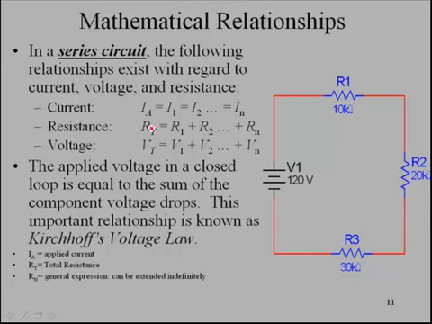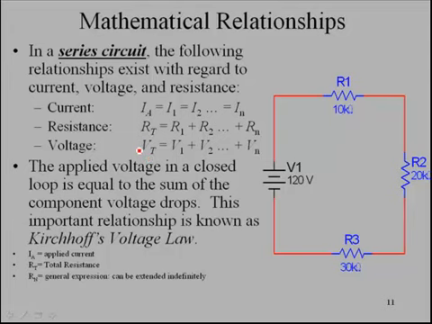Okay, resistance. RT, in this case, is the total resistance. So the total resistance of all components is going to equal R1 plus R2 plus whatever, and the Rn just means however many components there are. So the total resistance in this case equals R1 plus R2 plus R3.